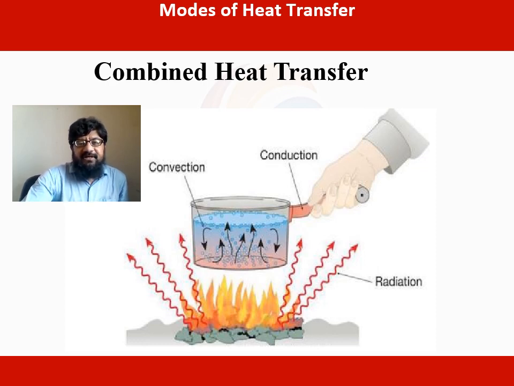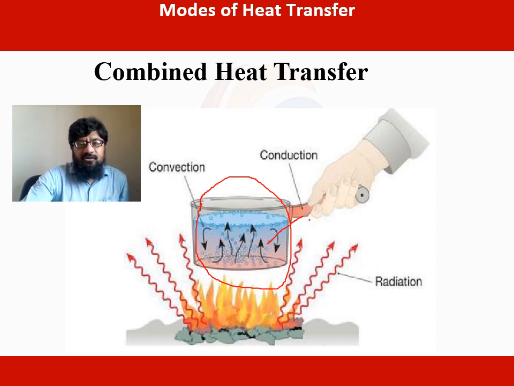Convection, conduction and radiation can also take place combined. For example, when we heat a pot, the handle of the pot gets heated by conduction because the rest of the pot is hotter, so it transfers energy to this handle.